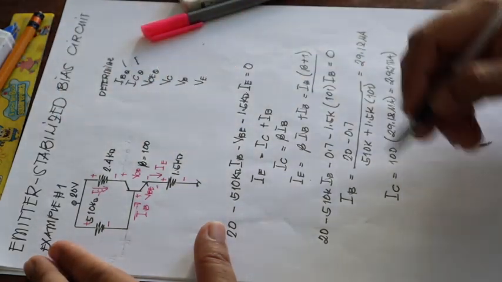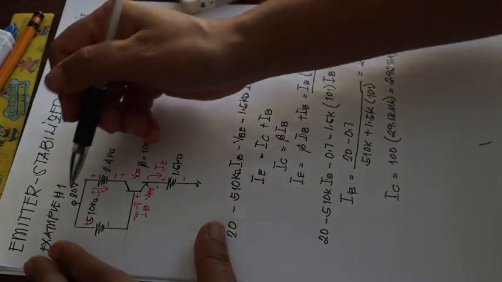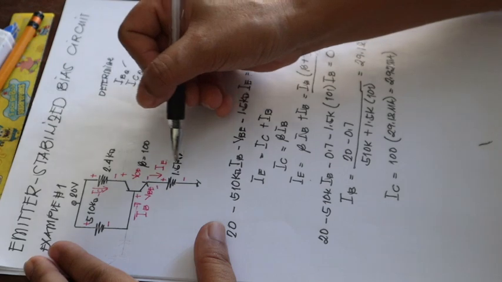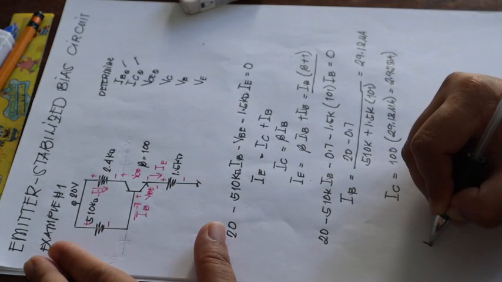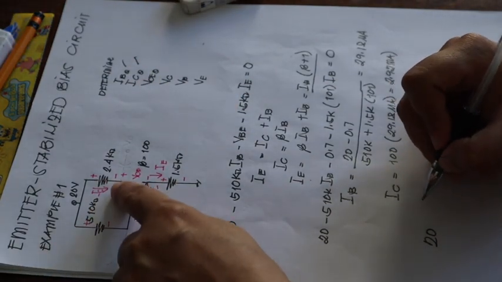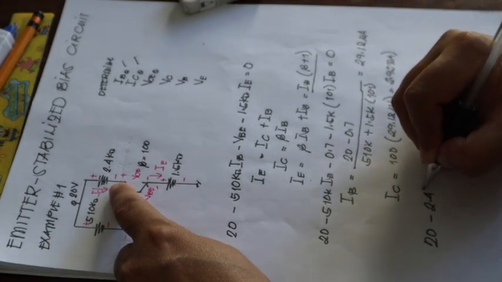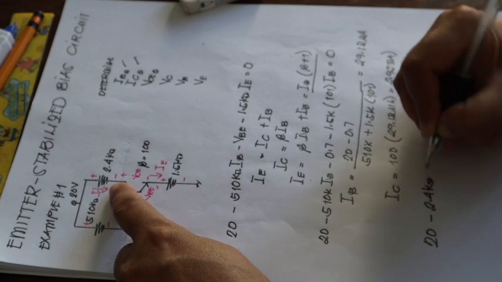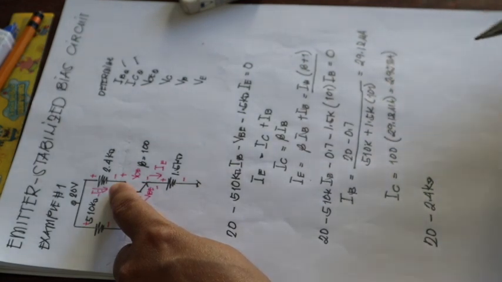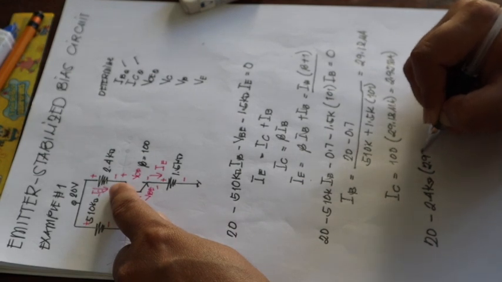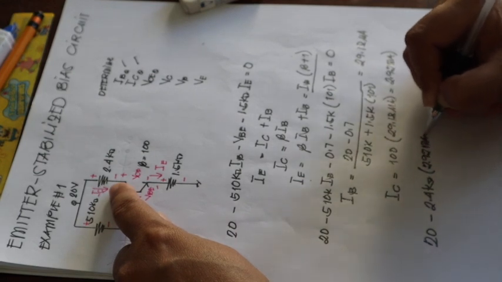So, determining yung KVL natin, it will be 20 minus 2.4 kilo ohm IC. Isa-substitute ko na yung value ng IC ha, so that is 2.92 milliamp.